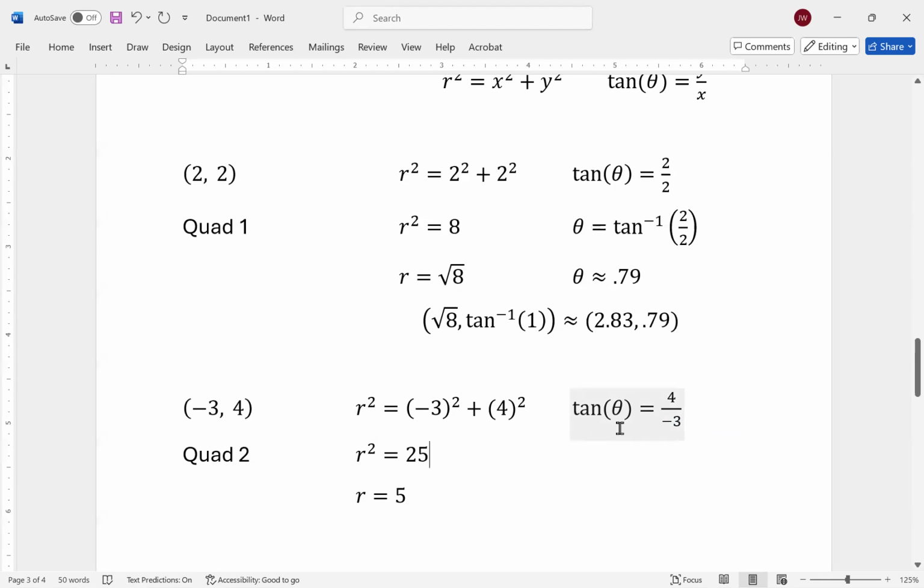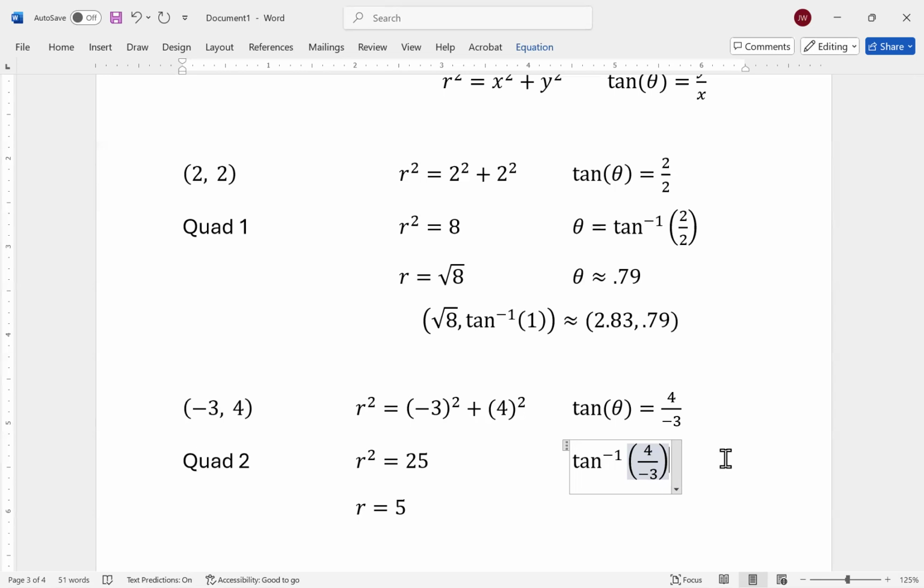Because of the nature of inverse tangent on our calculator, if I just did the inverse tangent of 4 over -3, that would give me a negative 0.93 approximately.